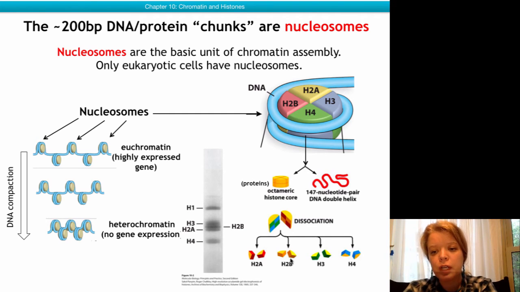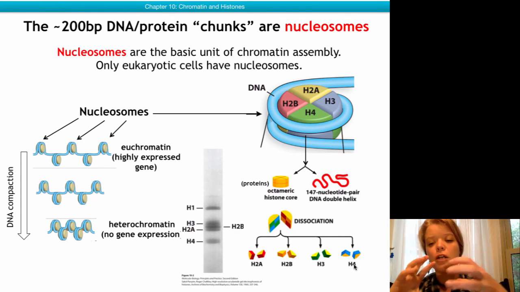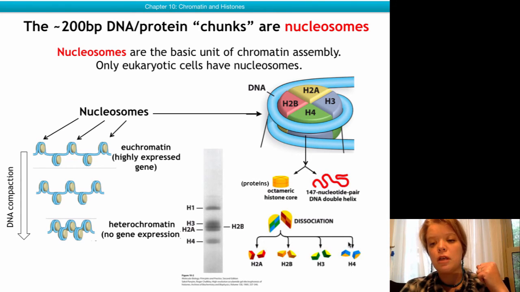If you break them apart, each spool contains 8 protein units: 2 histone 2As, 2 histone 2Bs, and a tetramer of histone 3 and histone 4 monomers.